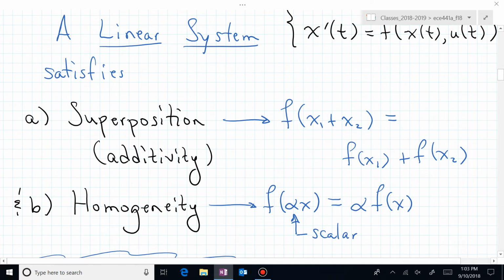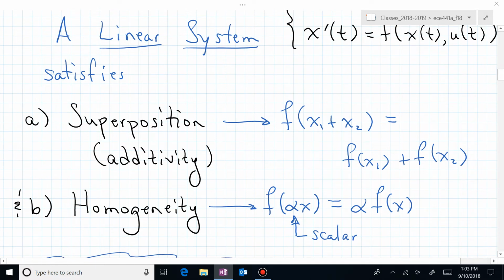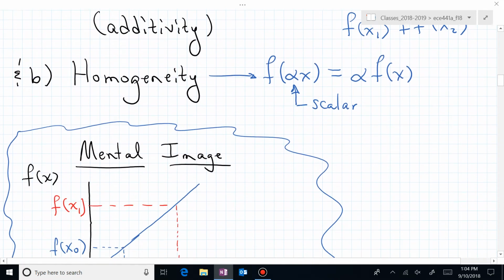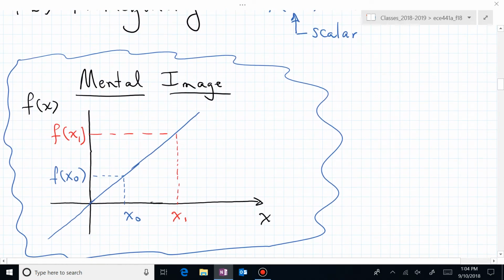Homogeneity is similar. Now if we scale the argument of the function on our right-hand side, that scalar can slide through the function, and f of alpha x is the same as alpha times f of x. The mental image that you might want to be thinking of is this concept of a linear function. We need to make sure that it's going through the origin in this case.